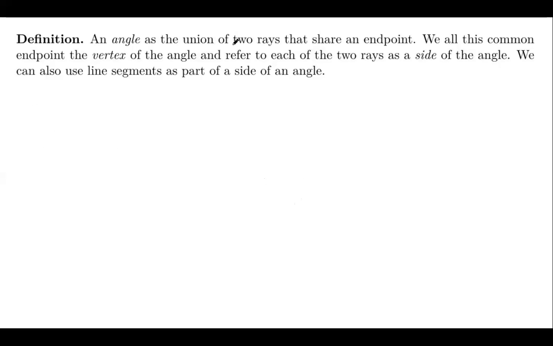Now let's talk about angles. An angle is the union of two rays that share an endpoint. So let's say we have a point there, a point here, and a point here. And we have one ray going that way and another ray going that way.